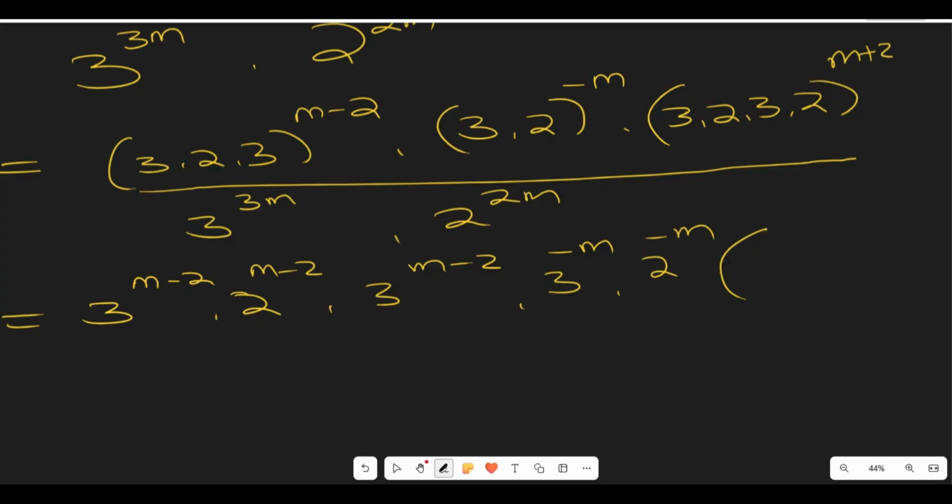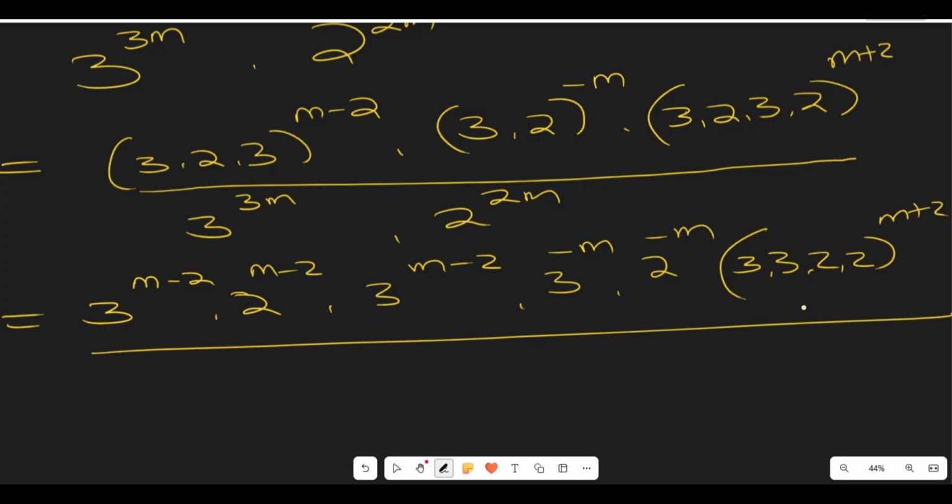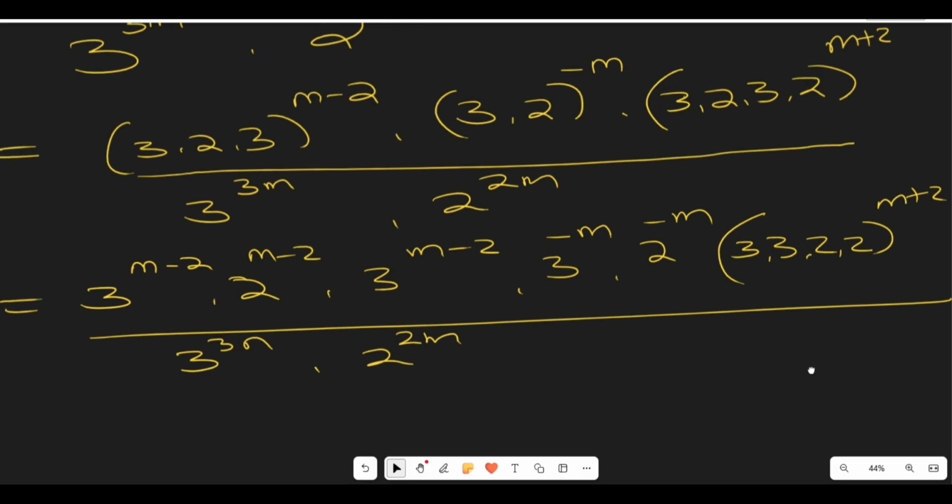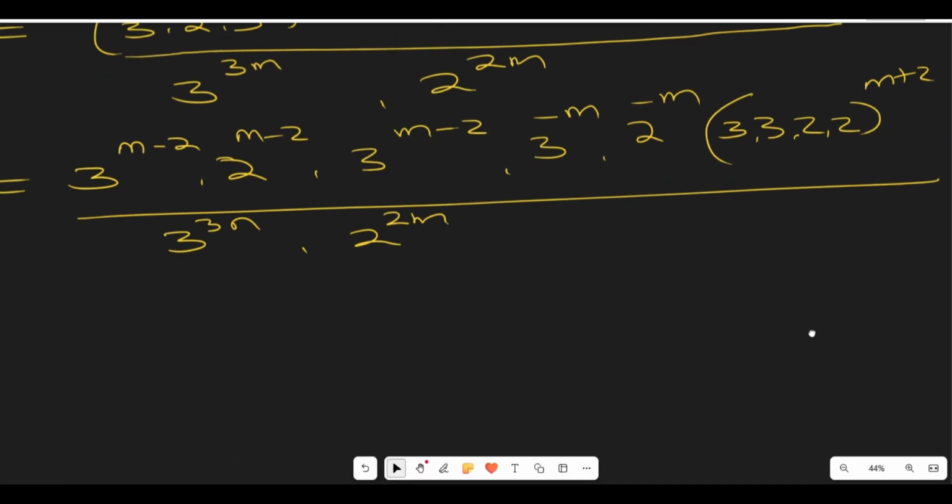So this one will just say 3 multiplied by 3 multiplied by 2 multiplied by 2. So this is m plus 2, just to conserve space. We'll see it later. So here it's 3 to the power 3m multiplied by 2 to the power 2m.